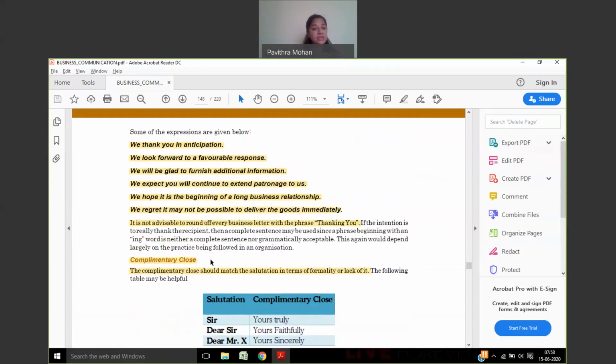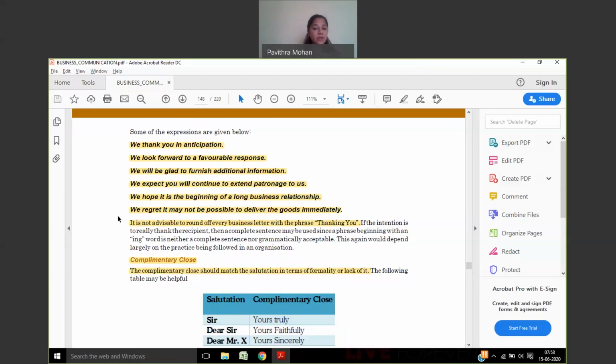Some of the last lines can be: we thank you in anticipation; we look forward to a favorable response; we will be glad to furnish additional information, if required; we expect you will continue to extend patronage to us; we hope it is the beginning of a long business relationship; we regret it may not be possible to deliver the goods immediately. Whatever your last line is, these are certain examples, and you can give your last line as your conclusion.